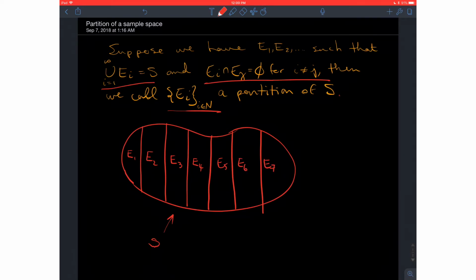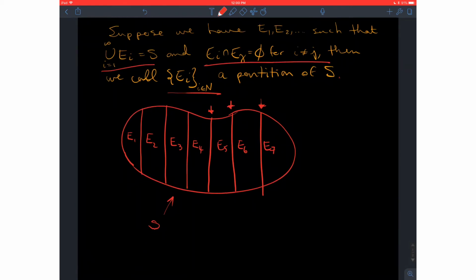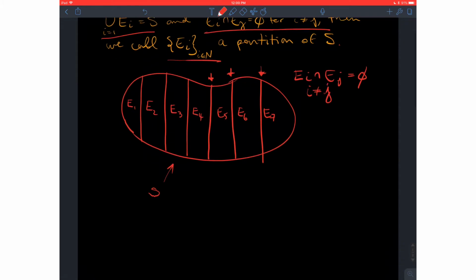Now, if in your mind you're thinking of some real numbered example, there's no overlap on any of these borders, okay? And so Ei intersect Ej is going to be empty for i not equal to j. Alright, so now we have a partition of S.